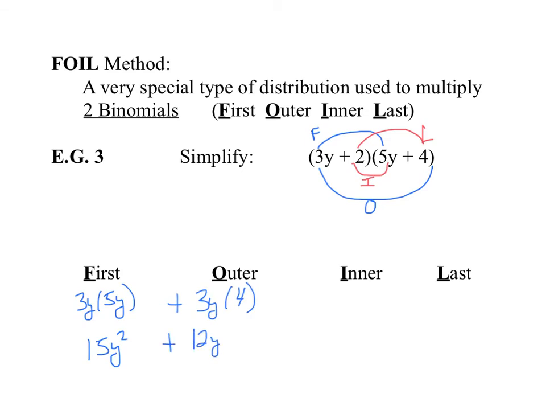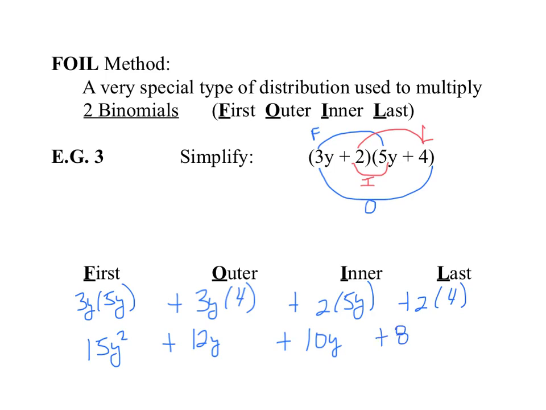Then you have your inner values, plus 2 times 5y is a positive 10y, and then you have your last, 2 times 4. Positive 2 times 4 is plus 8.